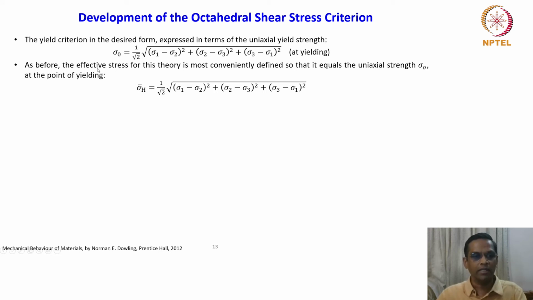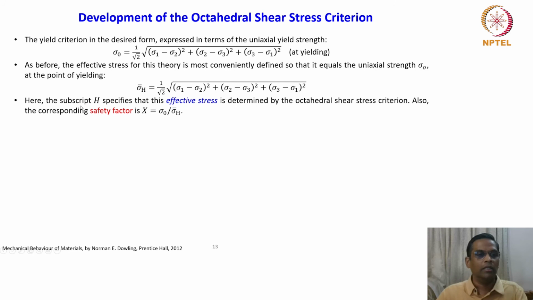So we are interested in the effective stress, which for this theory is most conveniently defined so that it equals the uniaxial strength sigma naught at the point of yielding. So sigma h bar times this same expression here, and the subscript h specifies that the effective stress is determined by the octahedral shear stress criterion. Also the corresponding safety factor X equals sigma naught divided by sigma h bar.